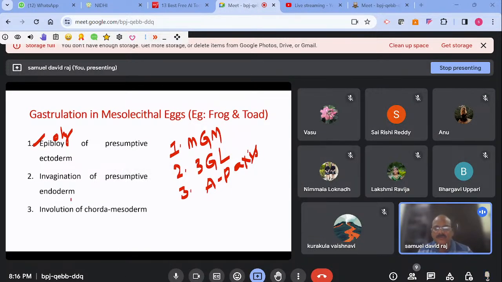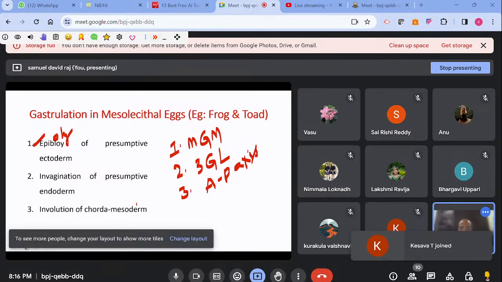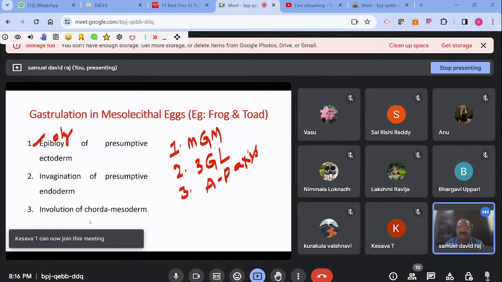So I have been talking about gastrulation. During gastrulation, three things generally happen. The first thing is morphogenetic movements, which result in gastrulation, where the blastula, which is single layered, is converted into a double layered or triple layered gastrula.